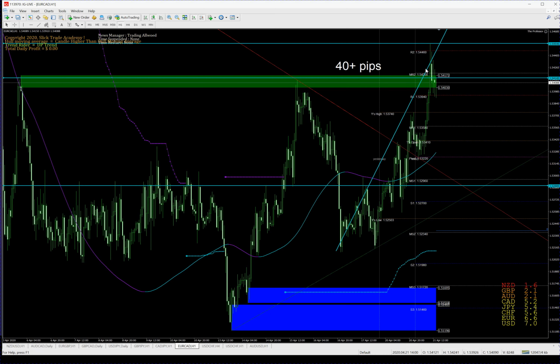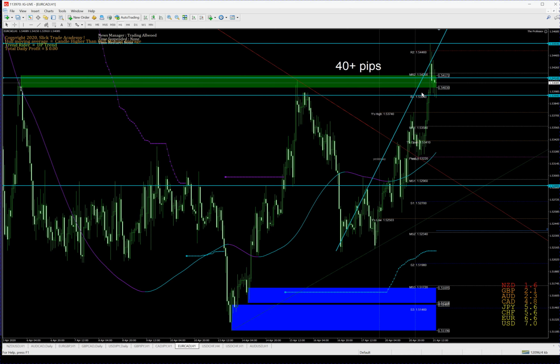Right now we're in a little bit of a holding pattern. If you are a longer term trader, you're more than likely still holding this trade. Our previous resistance may now become support, which would be the 1.53963 level. If we bring this down to resistance 1, it's a little bit further down here to the 1.53940.